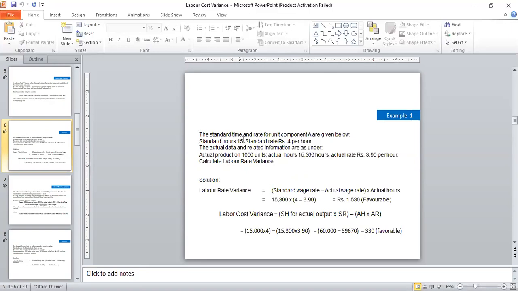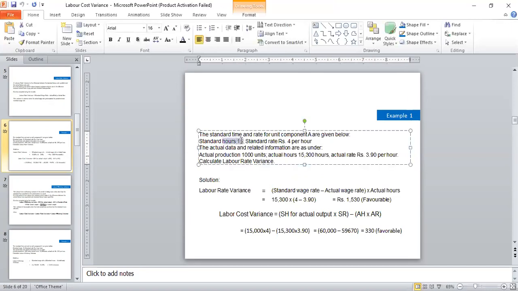Here we see the question. Standard hours 15 denotes the 15 hours required to produce 1 unit of goods, with 4 rupees per hour to be paid for this. It means 1 unit of production has 15 into 4, that is 60 rupees cost. For the production of 1000 units, the actual hours applied are 15,300 while the rate is rupees 3.90 per hour.